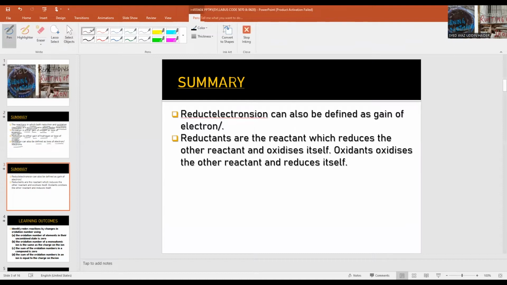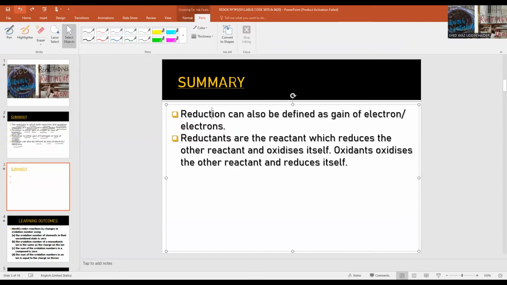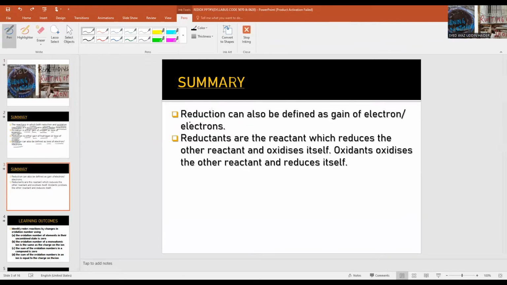Reduction can also be defined as gain of electron or electrons. Reductants are the reactants which reduce the other reactant and oxidize themselves. An oxidant oxidizes the other reactant and reduces itself.